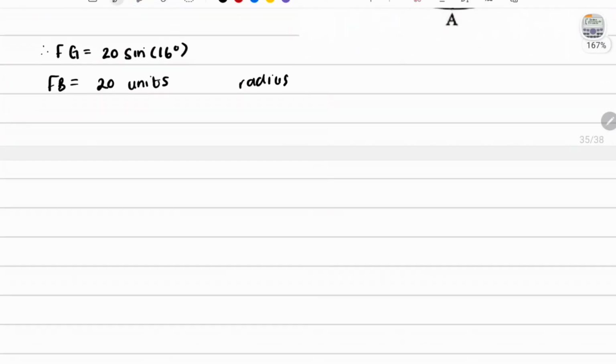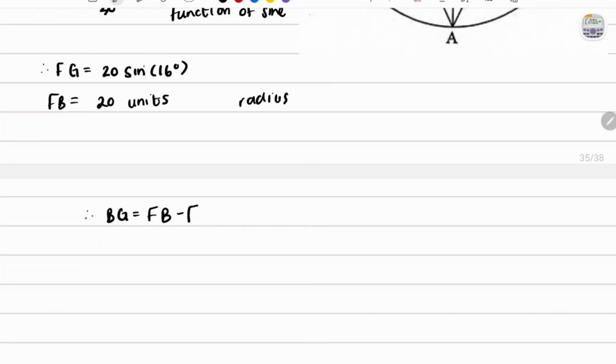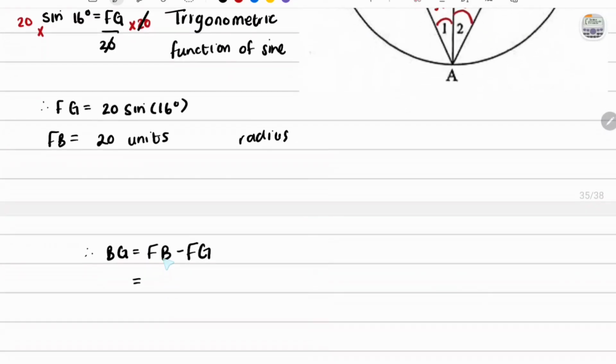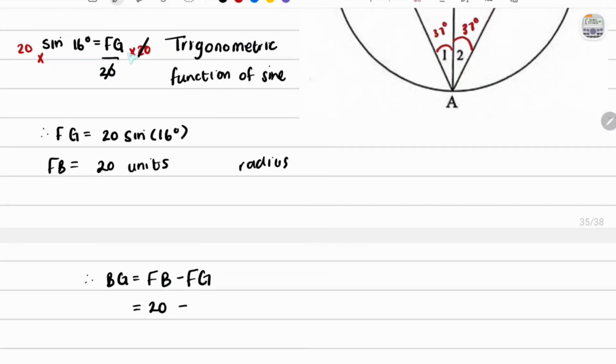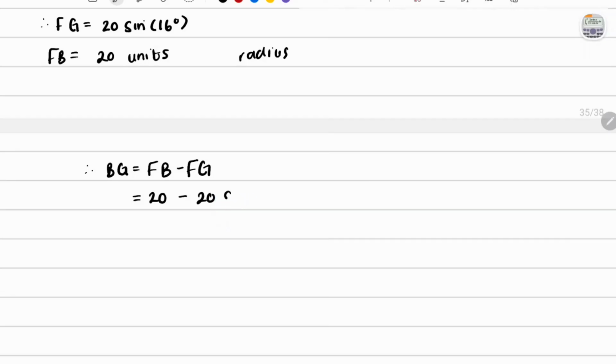So BG comes about by taking the entire length of FB and subtracting FG. FB is 20 units, the radius, minus that other part, which is 20 sine of 16 degrees.